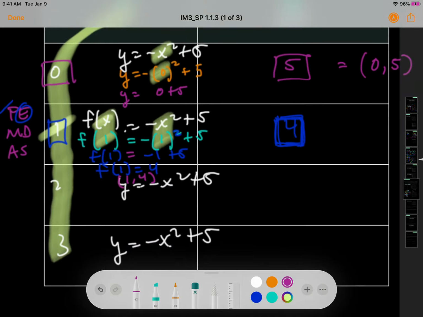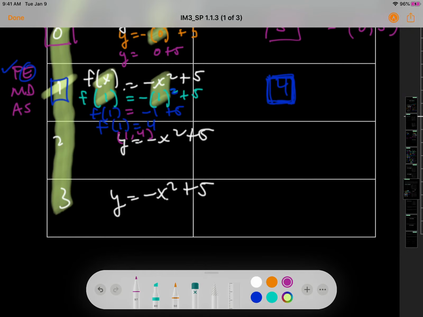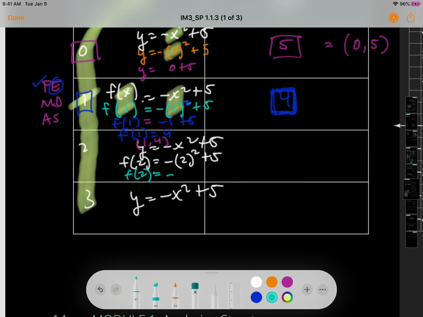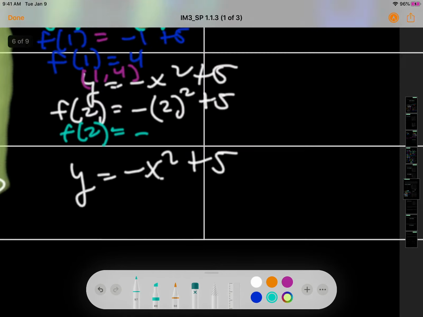Okay? Let's do the other ones. You can use function notation, so f of 2 equals negative, or opposite value of 2 squared plus 5. Okay, again, use order of operations here. I'm doing the opposite last because it's a multiplication times.